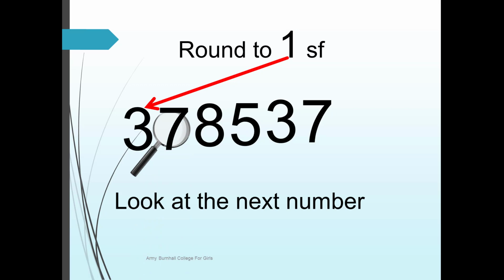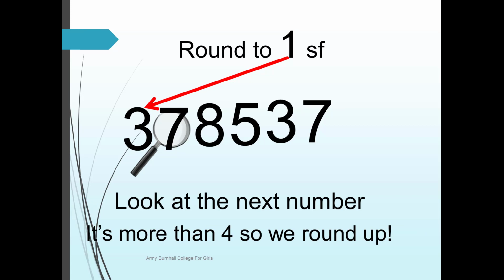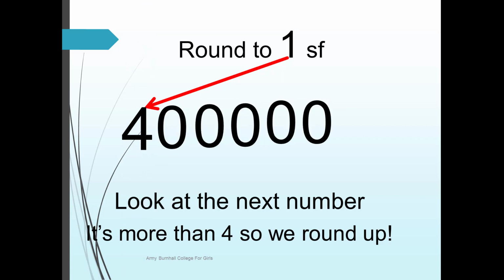This next number is greater than 5, it's more than 4, so we will round up. We will add 1 to 3, so this 3 will become 4 and the rest of the digits will become 0. So in this way it is rounded off to one significant figure.